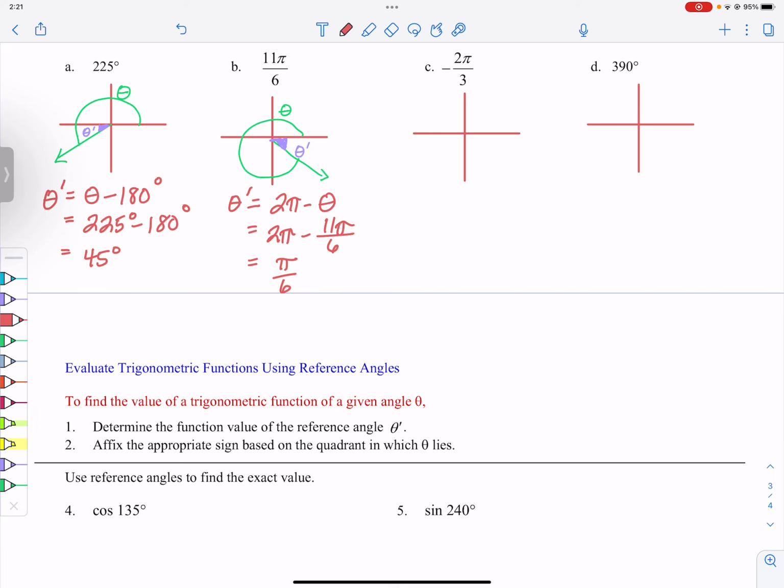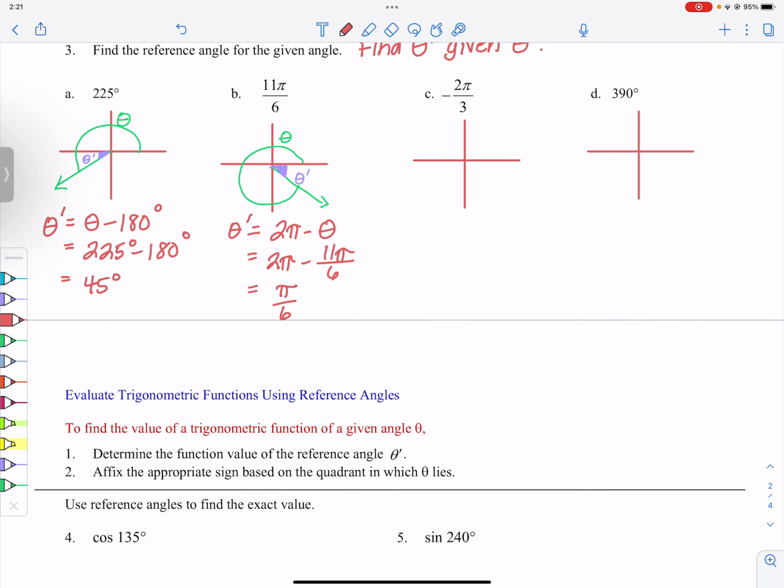Okay, let's look at example C. Negative 2 pi over 3 is theta. So remember, we're going to go clockwise now. And if we're going to go 2 pi over 3, we'll go all the way about right here. And of course, this is theta. And our reference angle this time, remember, we need to go to the x-axis.